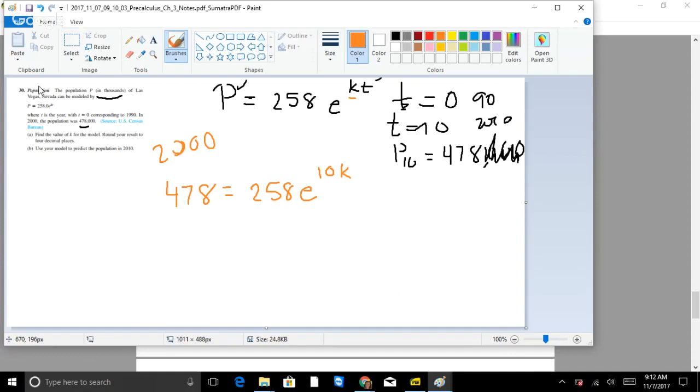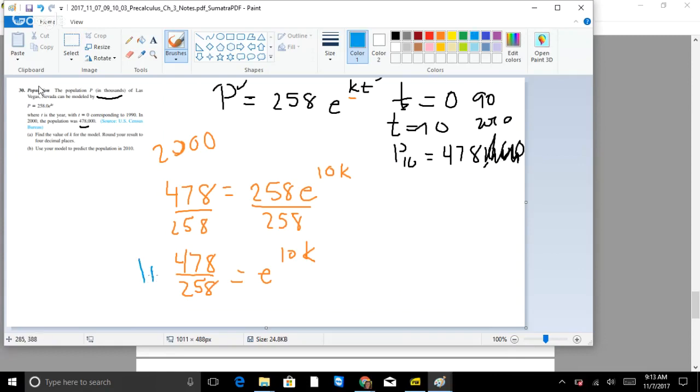All right, this looks like an exponential equation that I know how to solve now, right? I'm going to divide both sides by 258, and I'm going to leave that as my crazy fraction here. Then I end up with e to the 10k power. How am I going to get k down and solve for it? Well, I'm going to do the same thing I've done all the time.